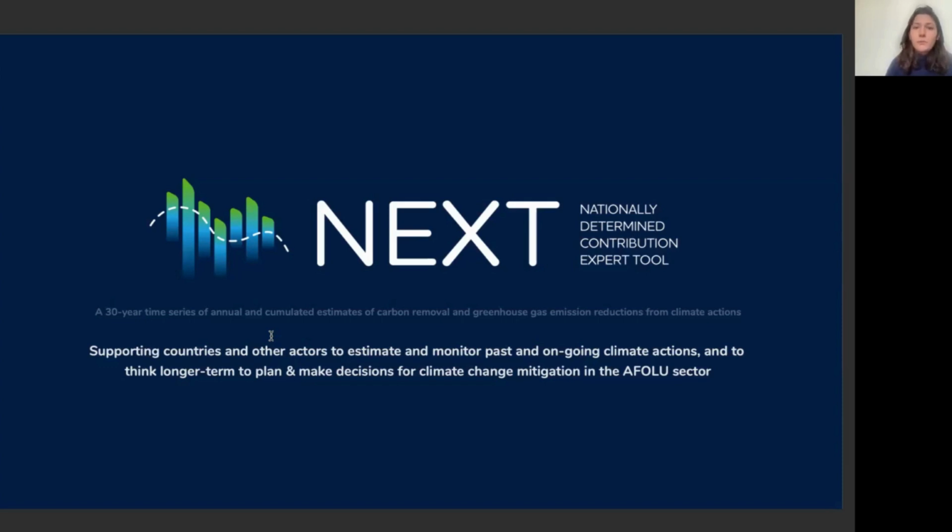The tool was really built on the idea that not only should we be able to assess a project, but we should give the opportunity to see, with a long-term vision, how it could integrate into the long-term, low carbon policy of the country. So you will see how the tool can be useful in that regard.